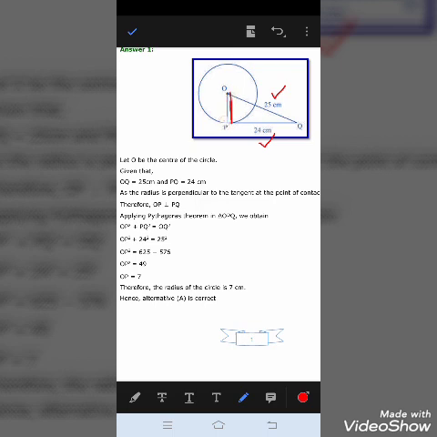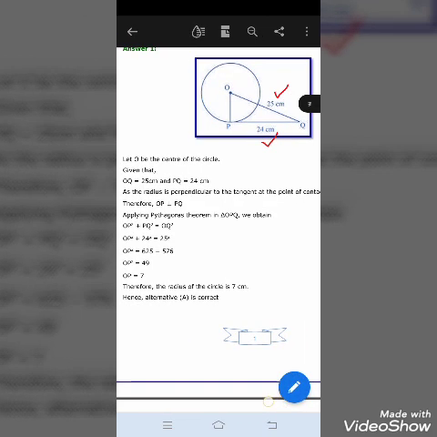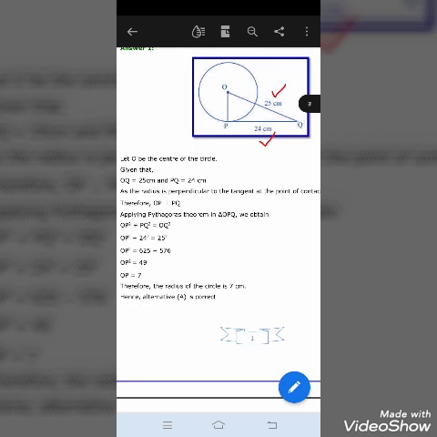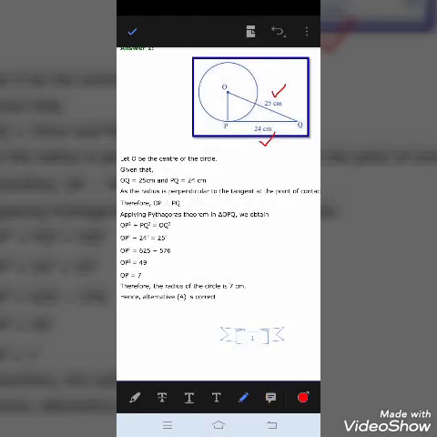As you can see, the radius is perpendicular to the tangent at the point of contact. Therefore OP is perpendicular to PQ.